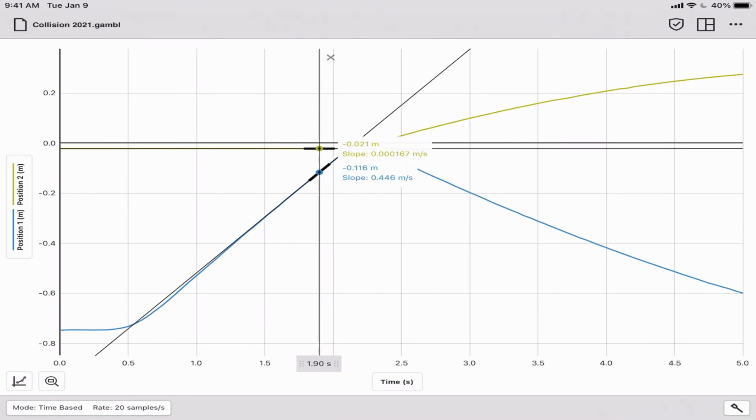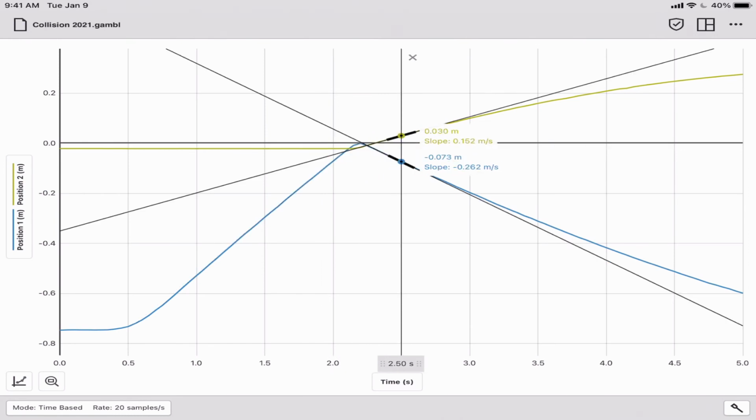But the moving one I would write as that velocity. And then notice after the collision, the moving one changes direction, so we have a new slope that's negative, and the one that was stationary moves in the same direction that the moving one was going. So you want to write down those and keep track of direction.